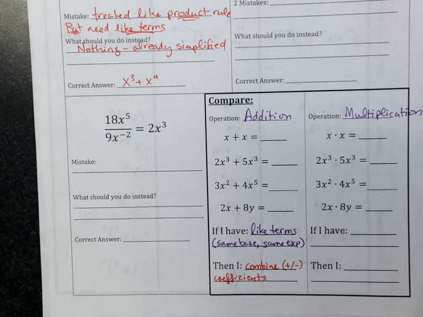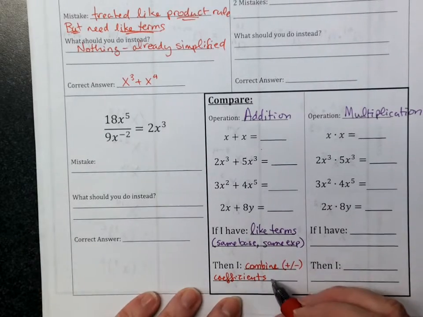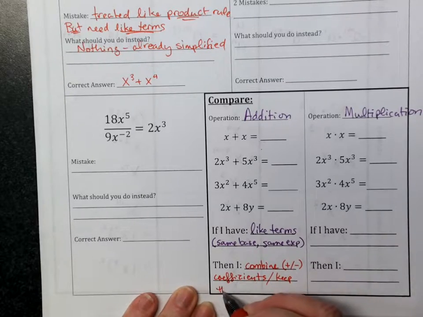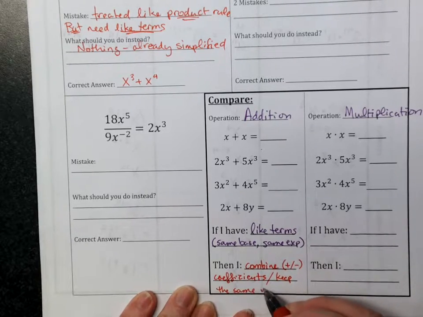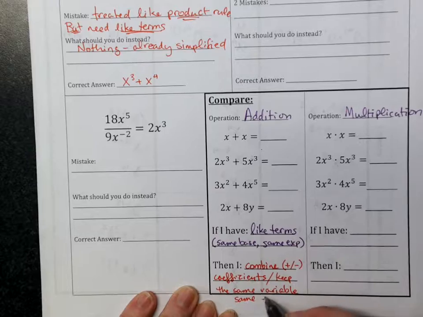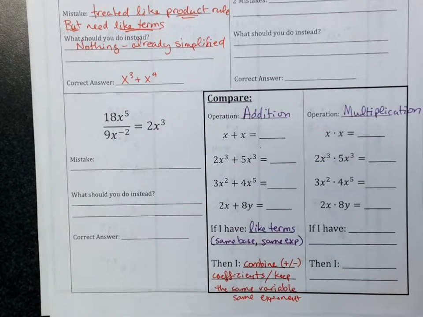It's not apples squared. So you combine the coefficients and you keep the same variable, the same exponents. So the term itself doesn't change.